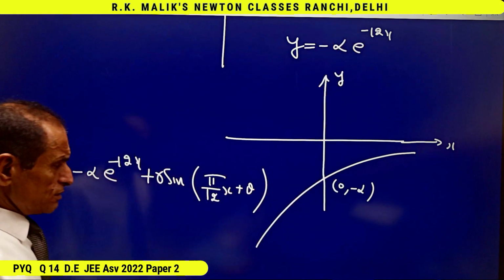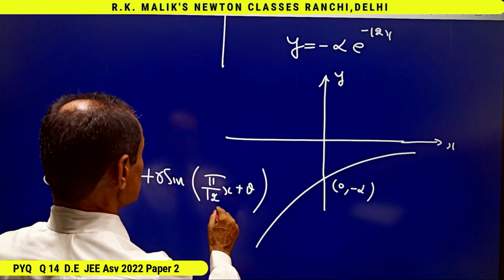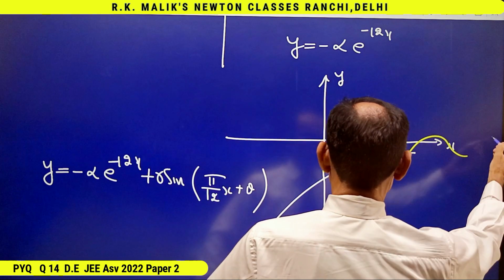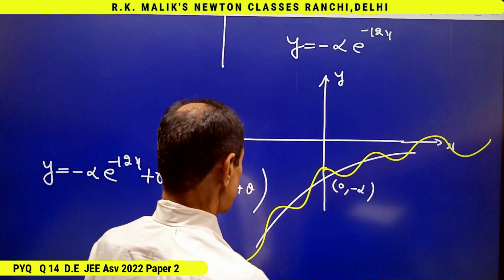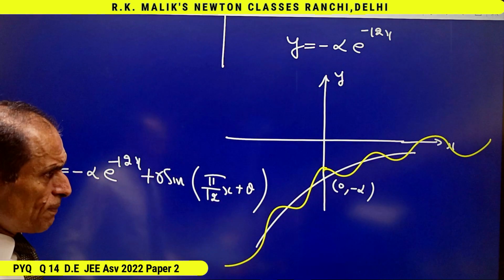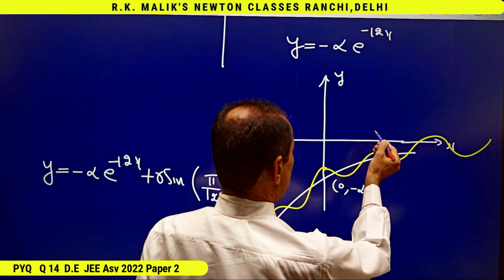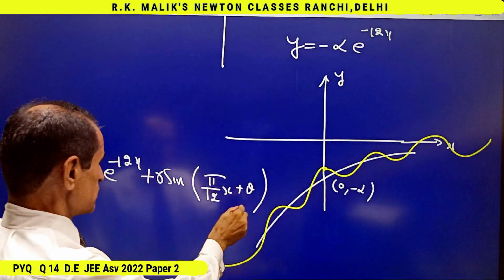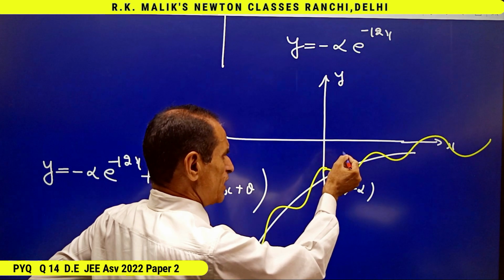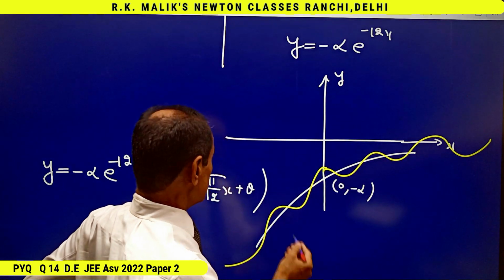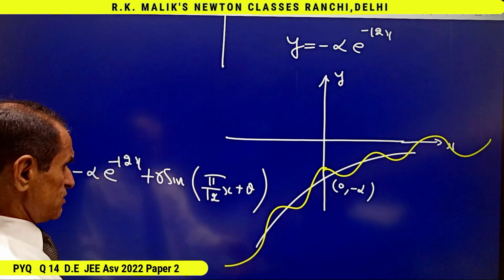Hence I can say the graph of this will be of the type, this yellow line will be the graph of this whole. Maximum it can go up by r unit because the maximum value of this is r. Minimum it can go below by r unit. That is, the yellow line will be the graph of this.